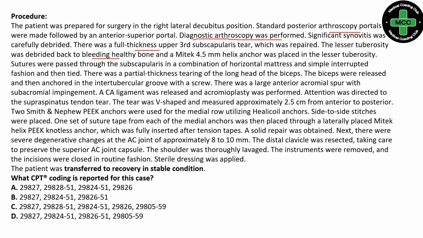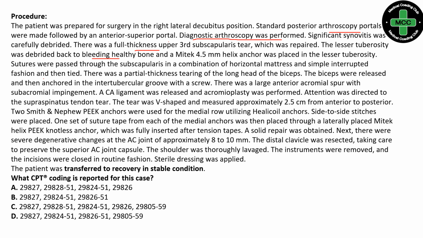Sutures were passed through the subscapularis in a combination of horizontal mattress and simple interrupted fashion. The question may go on, so you can take two minutes and read the complete question. But it's not required to read the whole question, because in the beginning they have directed what procedures they performed.